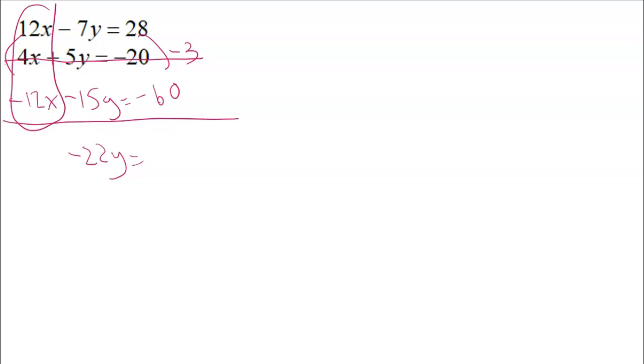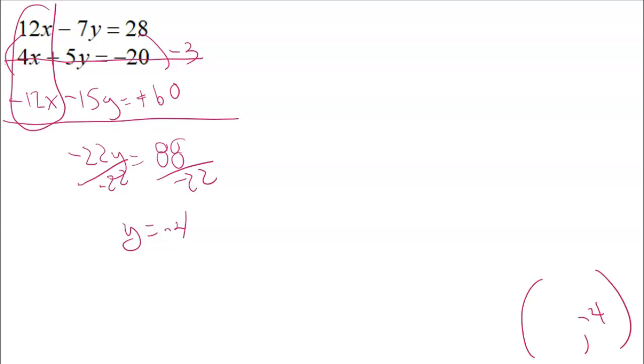Oh, that's +60, isn't it? Because -3 times -20 is +60. I almost made another mistake. 28 plus 60, I can do that in my head, is 88. Now, if we divide these both by -22, y equals -4. Right?